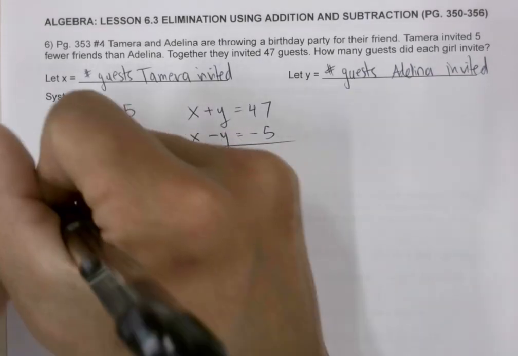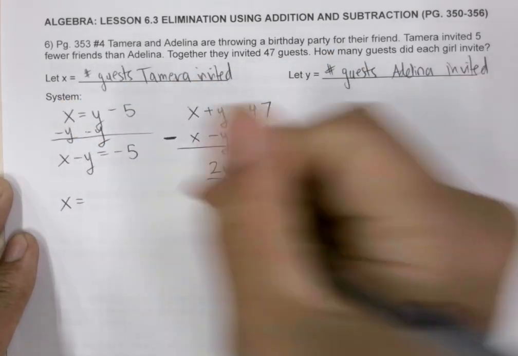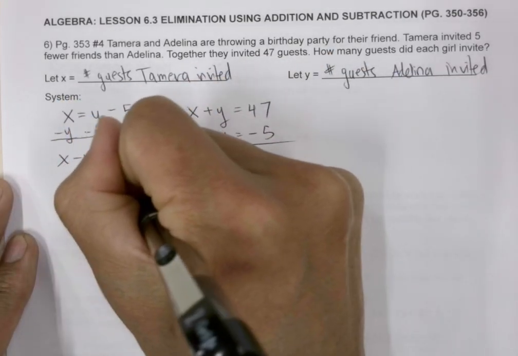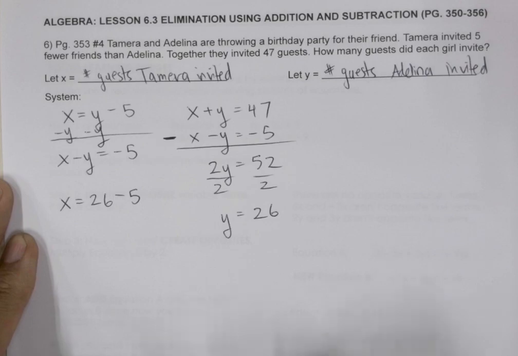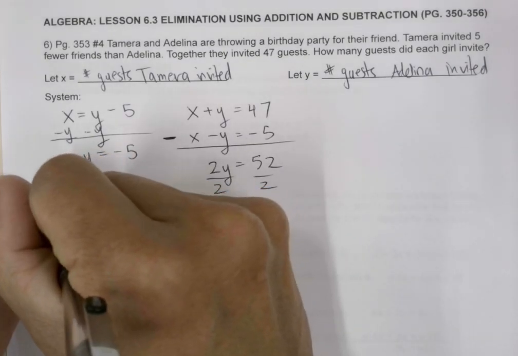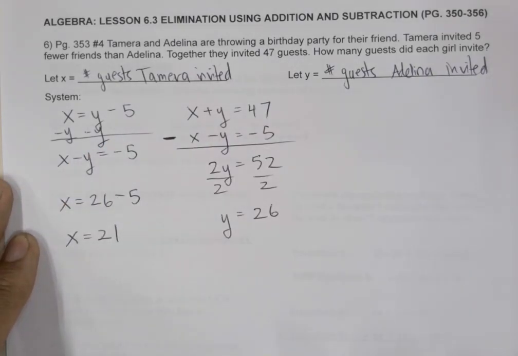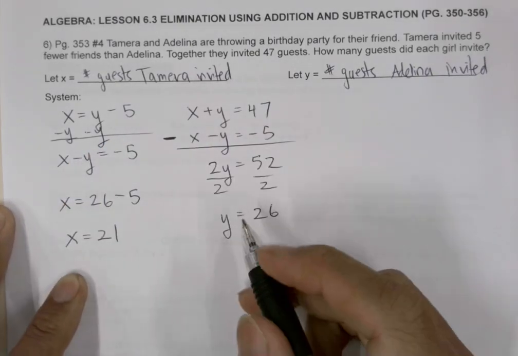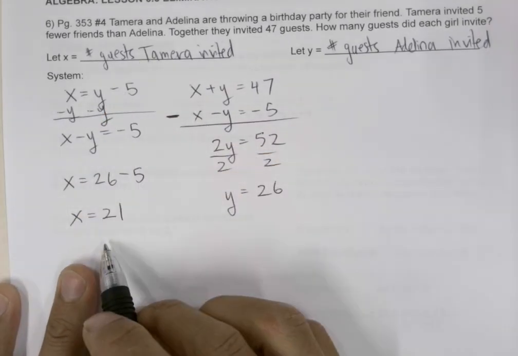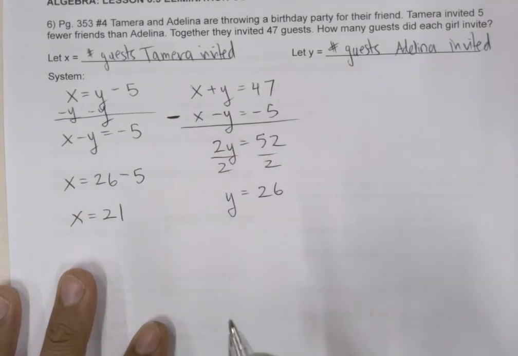Okay? So let's go ahead and do that. So I'll have x is equal to 26 minus 5. We'll combine our like terms, and we'll get x is equal to 21. Now, what does this tell us? That Tamara invited 21 guests, and Adelina invited 26 guests.